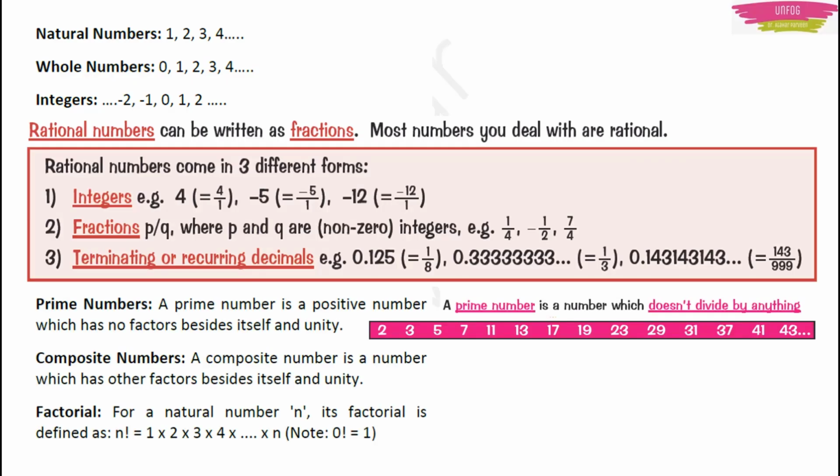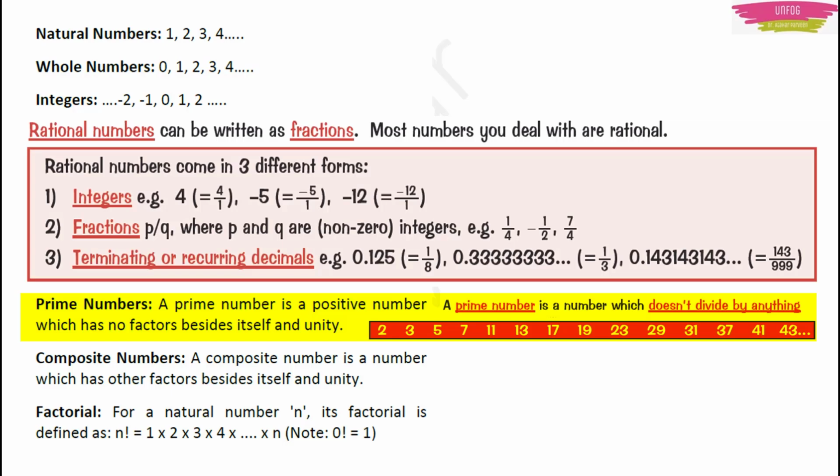Now numbers can be divided into two types, prime numbers and composite numbers. All the numbers which we deal with can be either prime numbers or composite numbers. Prime numbers are those numbers which are positive but don't have factors besides themselves. That means a prime number is a number which will not divide by anything.